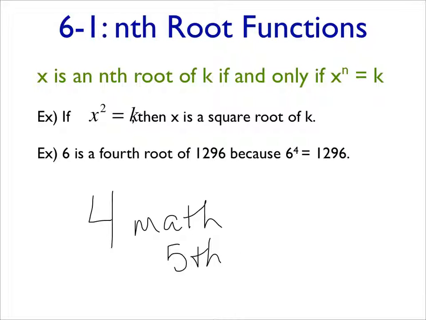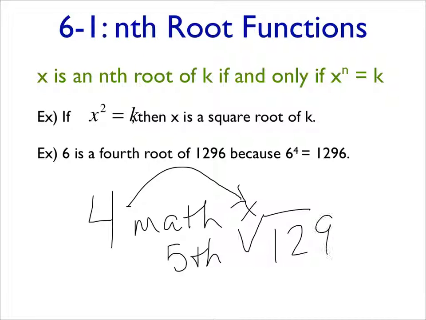It looks like this, x root. Your calculator will automatically know you want this 4 to go right in here for the x, and then you enter your number. It'll take the fourth root of 1296, and it should tell you 6. So go ahead and try that for a second. Make sure that you understand how to take any root, not just a square root or a cube root, but any root. Try doing the fourth root of 1296 in the calculator.